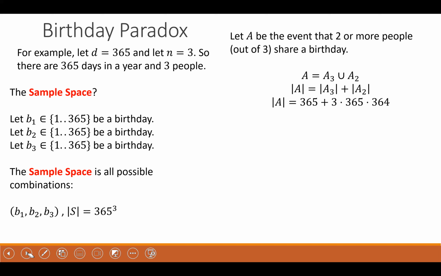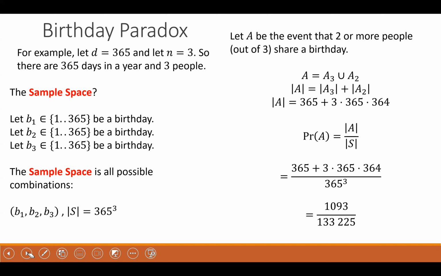So yeah, the size of A is 365 plus 3 times 365 times 364. So the probability of A in this case is this. And if I compute that out, I get 1,093 over 133,225. Okay. Questions?